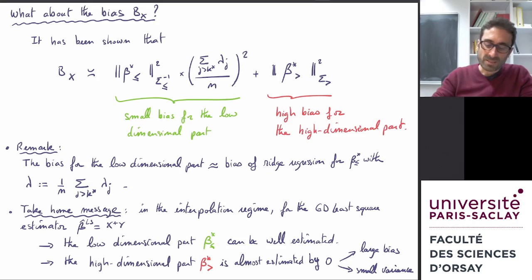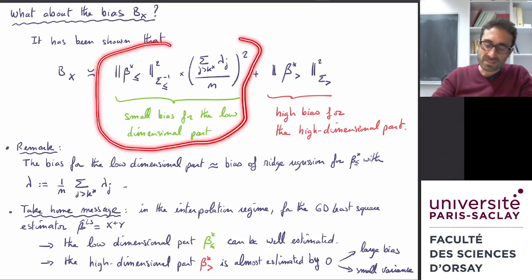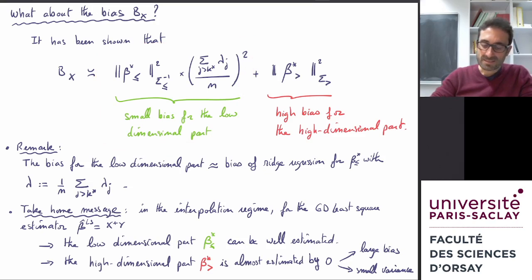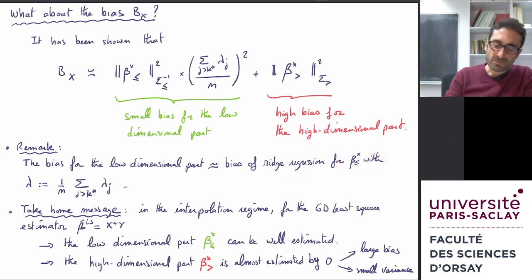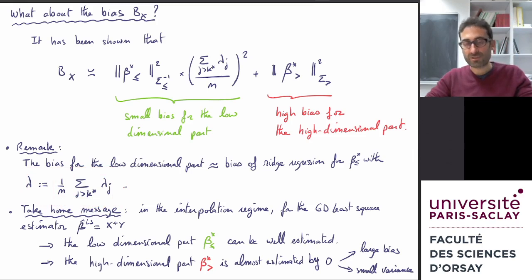And maybe something interesting to note is that this bias is almost the bias of a ridge regression for the low dimensional part, using a regularization parameter in your ridge penalty which is given by this formula, where you regularize by the sum of the remaining eigenvalues divided by n.